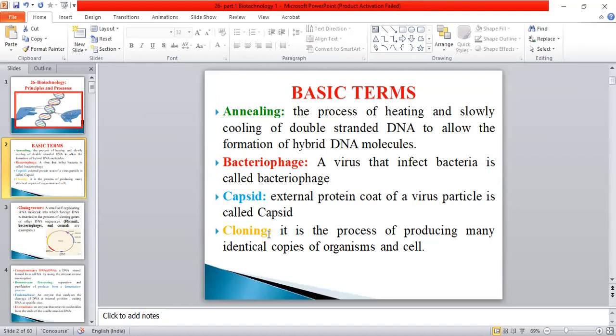See here, cloning is a process of producing many identical copies of an organism or cell. Take the example of tissue culture, which is also one of the cloning methods, because a single cell produces a number of plantlets, thousands of plantlets in a single test tube. That condition is called totipotency.